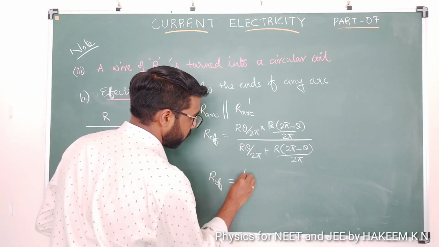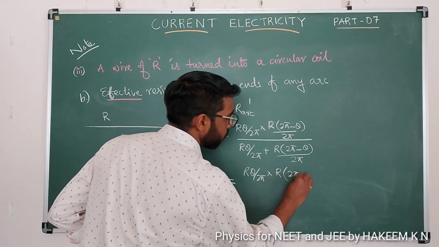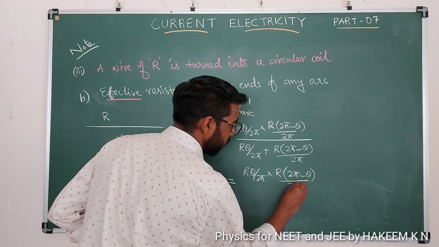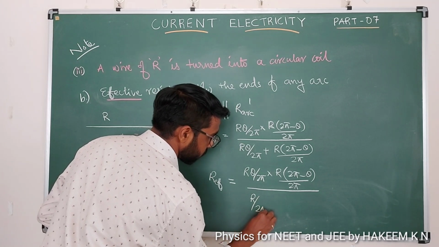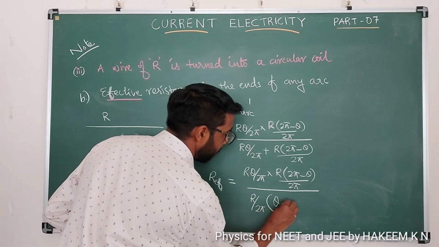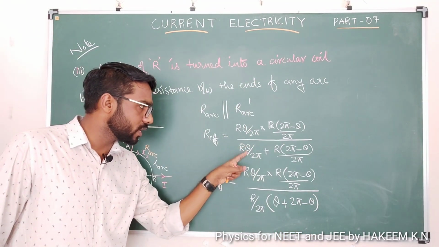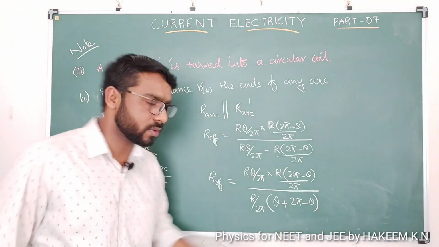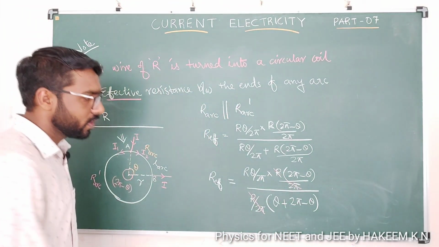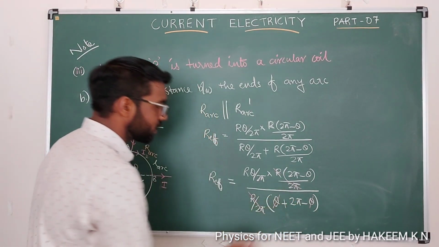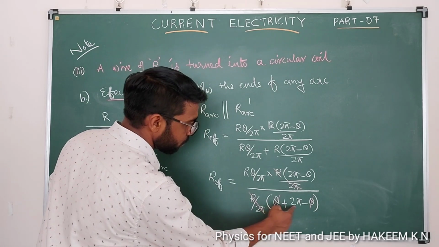Taking the common denominator, we get R theta by 2 pi into R into 2 pi minus theta by 2 pi, all divided by, taking R by 2 pi outside, theta plus 2 pi minus theta. So R by 2 pi is cancelled. Plus theta minus theta is also cancelled. What are the remaining quantities? R theta by 2 pi into 2 pi minus theta by 2 pi.